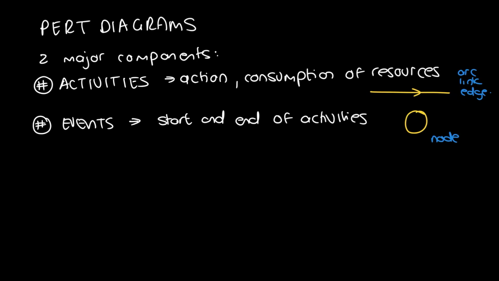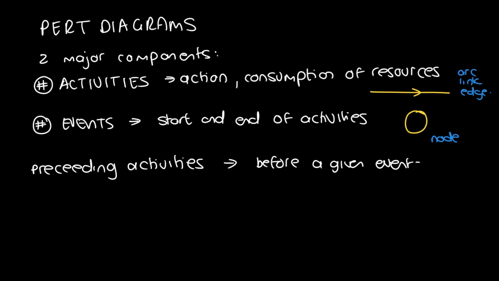Okay, now there is some other language you need to be aware of when we're going through this, which is going to help us lay out our diagram, and that is preceding events or activities. And preceding activities are activities that you need to do before a given event.